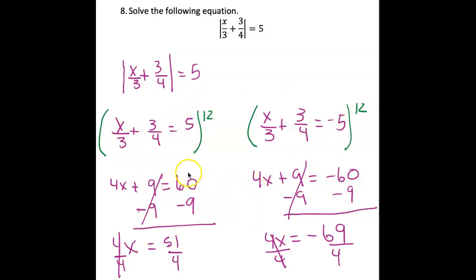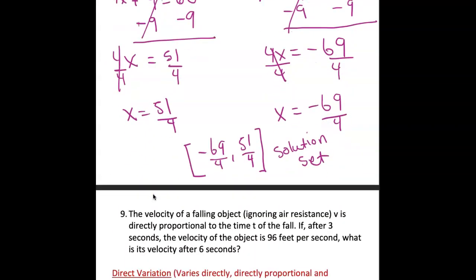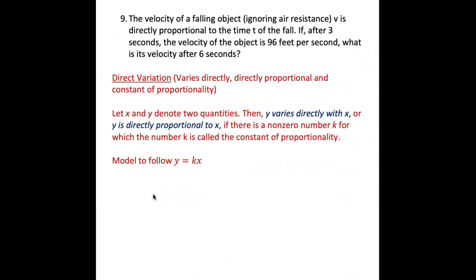Once you do that and you cancel your fractions, you are left with two simple two-step equations. Okay, and then don't make the mistake I made over here. Don't do that. But it's okay if you make mistakes while you are practicing, but not while you're taking the test.